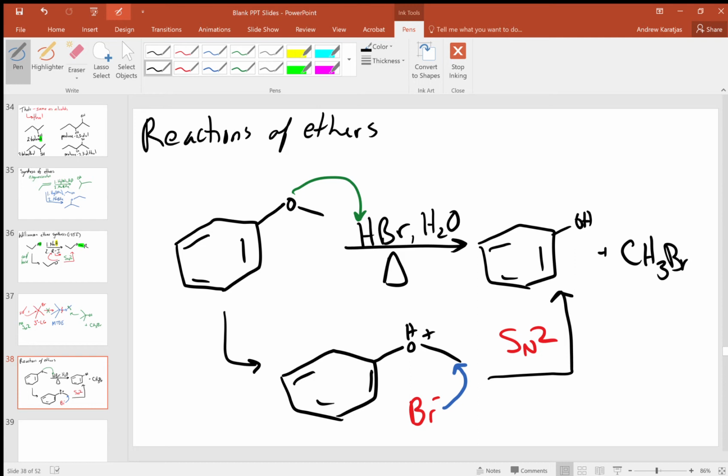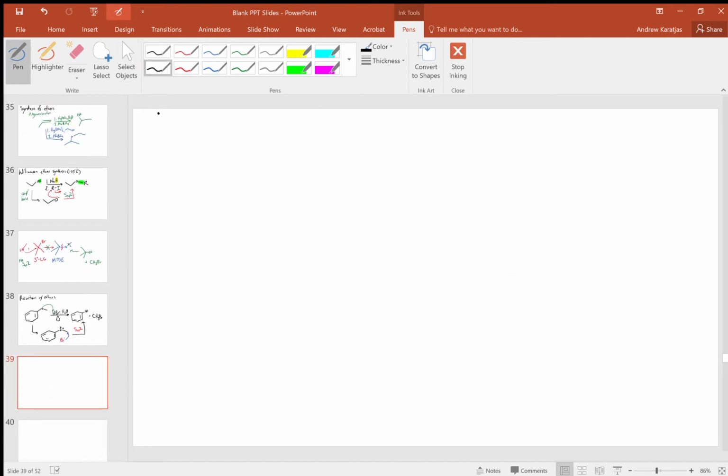So the main place where reactions of ethers is useful is when we're dealing with epoxides. So epoxides, recall, are these 3-membered rings containing oxygen. And we learned in Organic 1 how we make these. We make these through the reaction of an alkene and MCPBA.